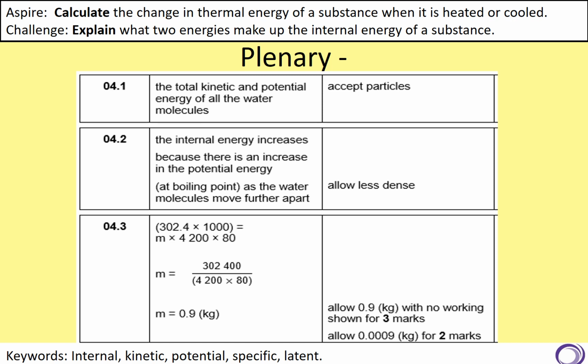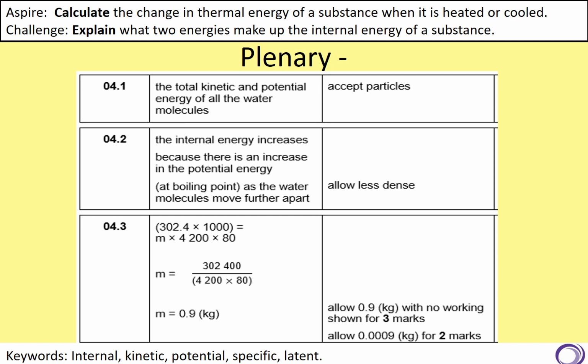And then the equation you should have rearranged. You should have done 302.4 times 1000 equals m times 4,200 times 80, because it was 100 minus 20.